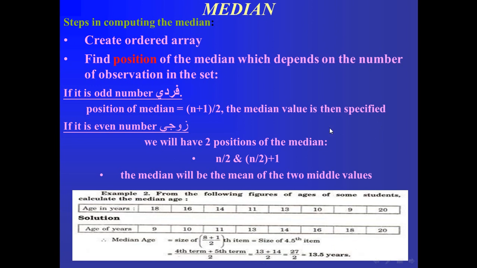First of all, we have to check whether it is an even number. As we said, when it is an even number, we have to take the total number over 2, half the total number, and then we have to add 1, and it will be 4.5 in this example.